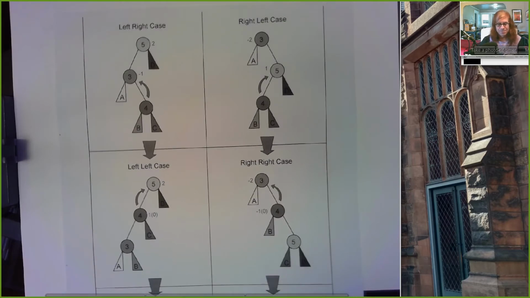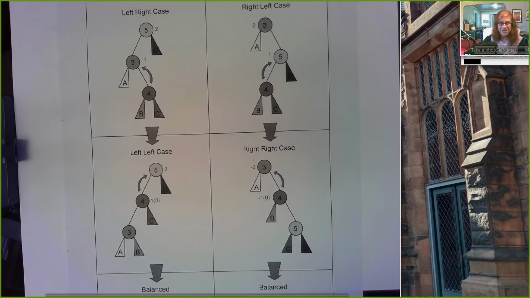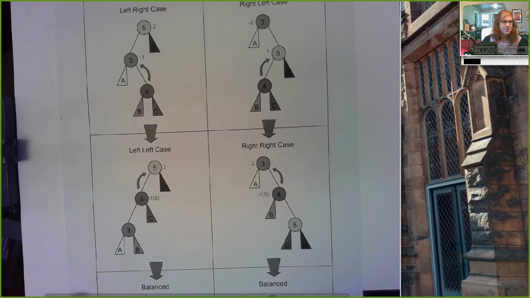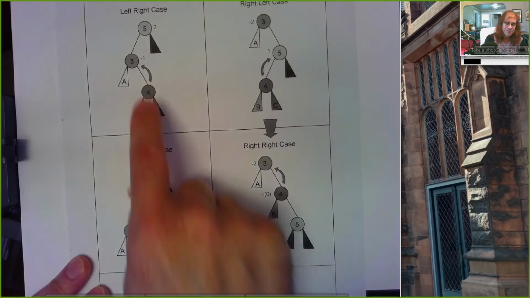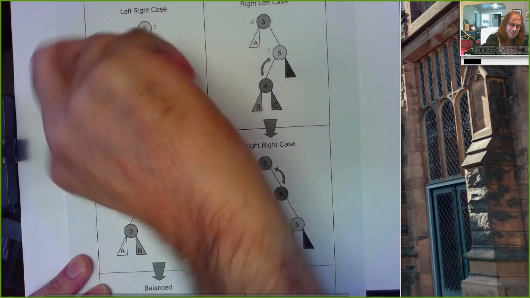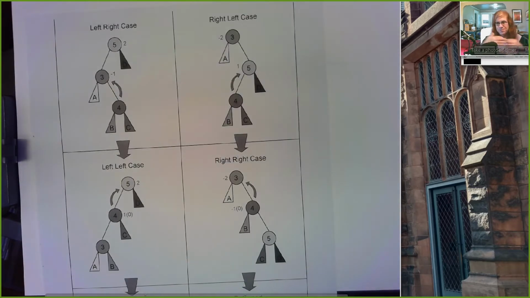So we'll go through how we analyze a tree following an insert or a delete to see if it's unbalanced, and if it is, how to restore balance. It's usually a matter of doing one relatively simple operation where we rotate things around a node in order to more equally distribute things on the left and the right. We'll go through those in some detail, but those rotations are called left, right, left, left, right, left, and right, right. So that's what those abbreviations are.